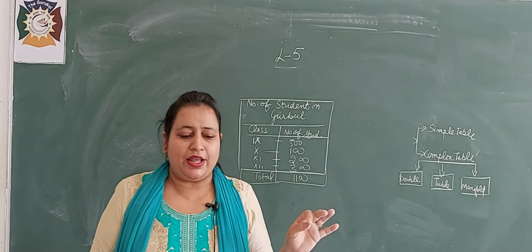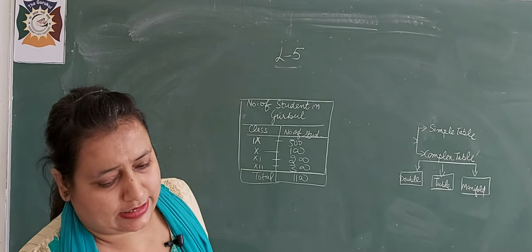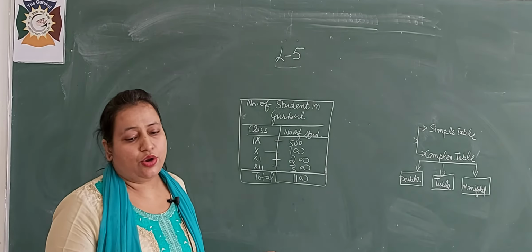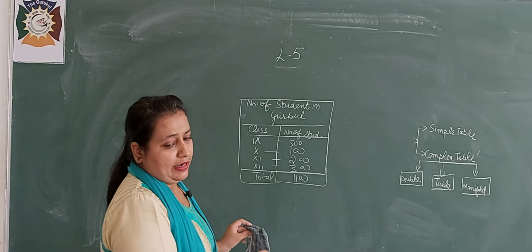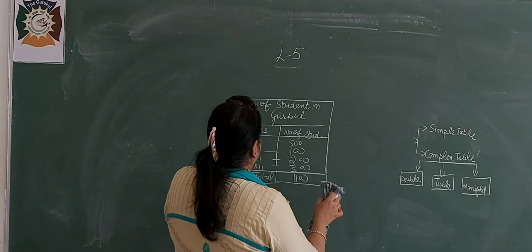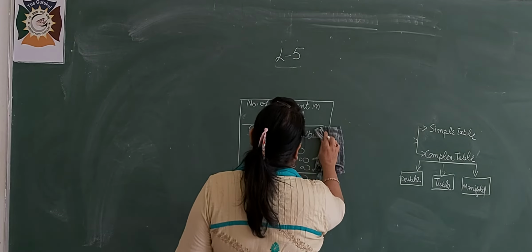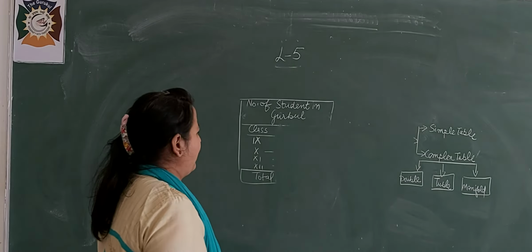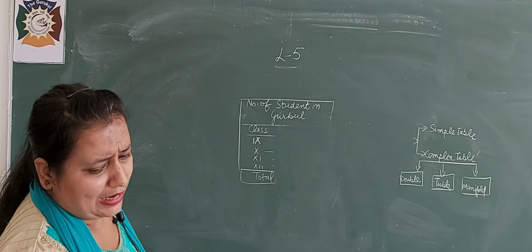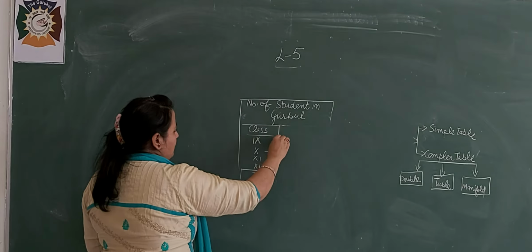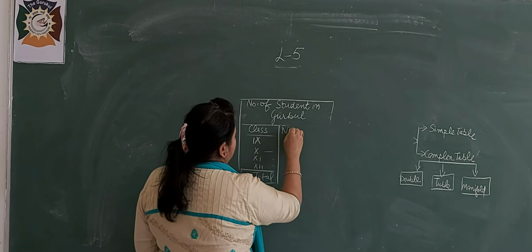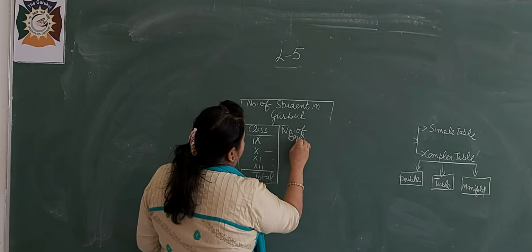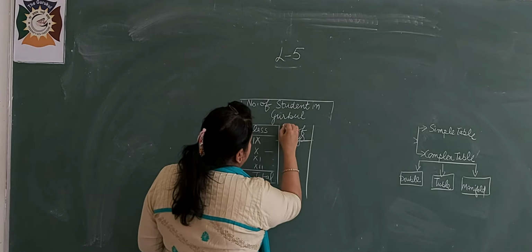Okay. If I divide it into two parts, then this table will be known as a double way table. For example, this Gurukul is divided into two parts, that is number of boys and number of girls.